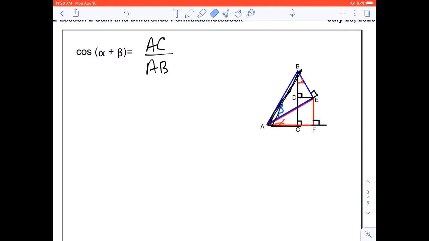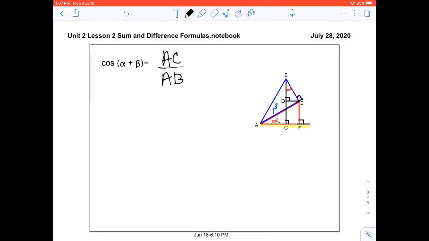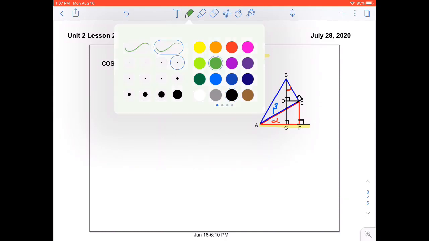Now, if we look at side AC and actually look at that whole segment AC to F, this is where it changes. When I want to look at AC, it's not going to be the sum of two segments, it's going to be the difference. So this means we can represent AC as segment AF, the total, minus CF, the part, all over AB. But just like we had in the sine proof, if we look at CF, CF is not particularly useful.